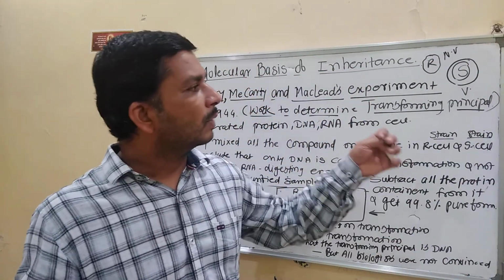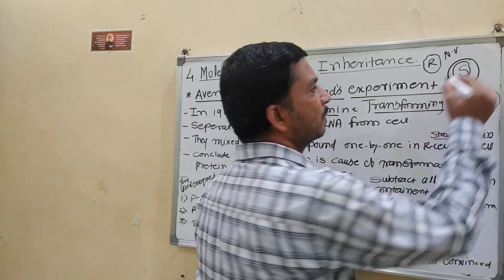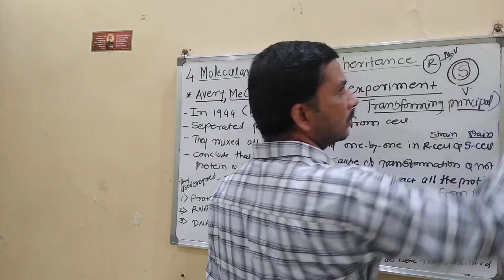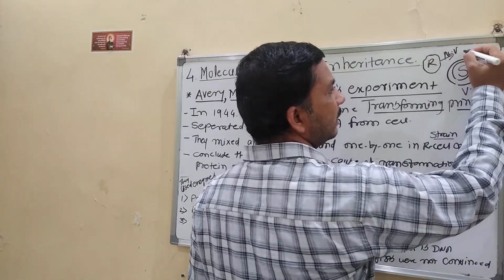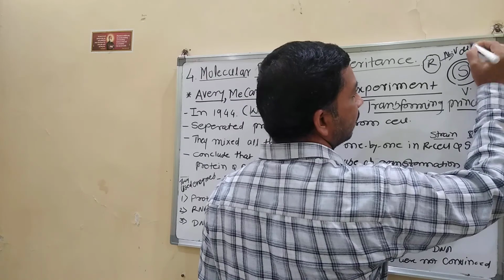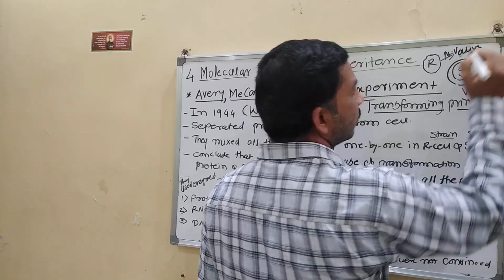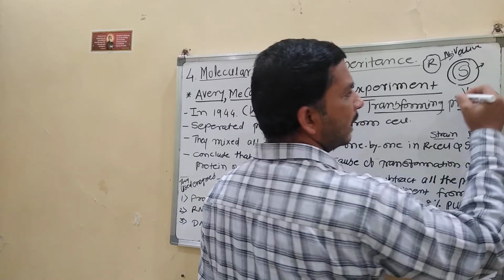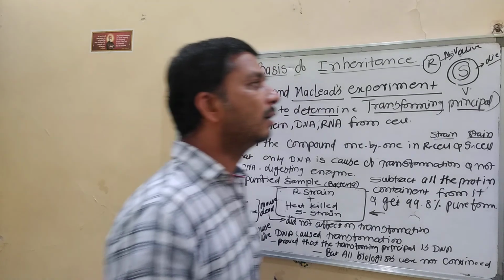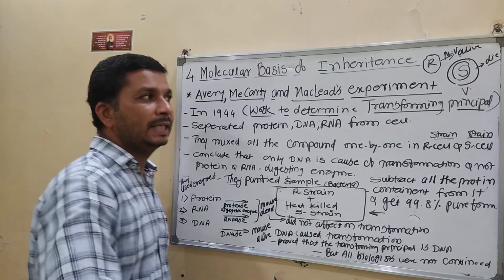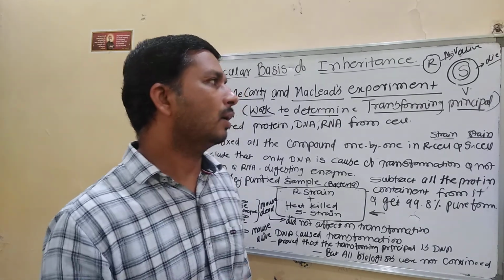Then Griffith performed various experiments on mice. When he injected R-type bacteria, the mice was alive. When he injected S-type bacteria, the mice died, because S-type bacteria carry a disease causing element, that is a pneumonia causing element.